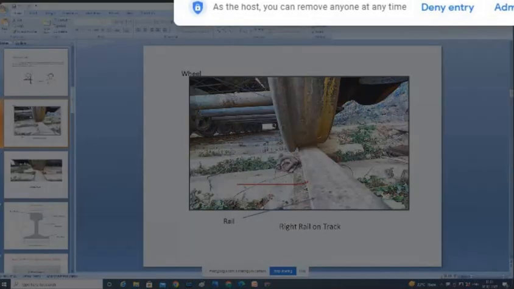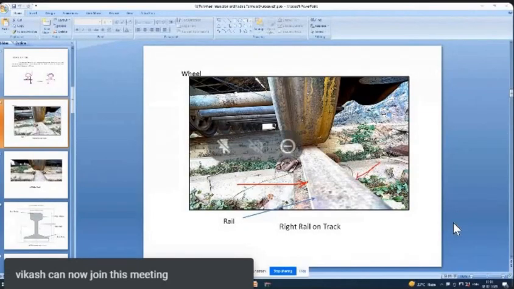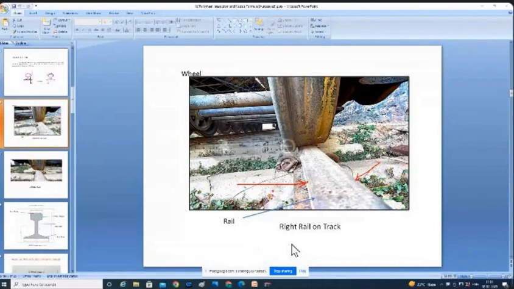So this is called gauge face. This is called non-gauge face. Are you getting my annotation? Is the line I am making visible?